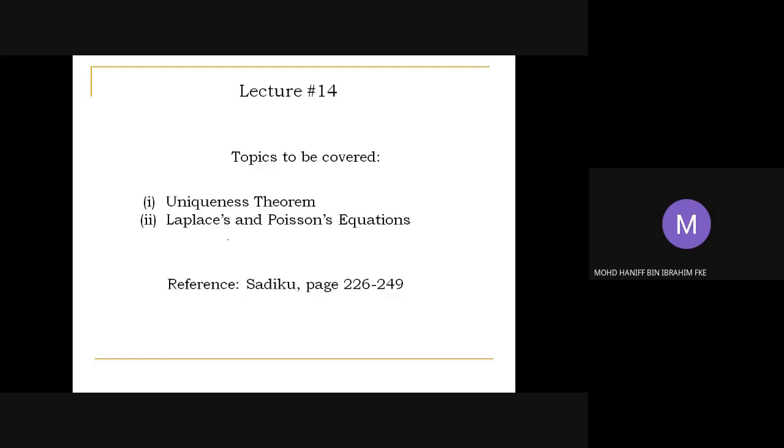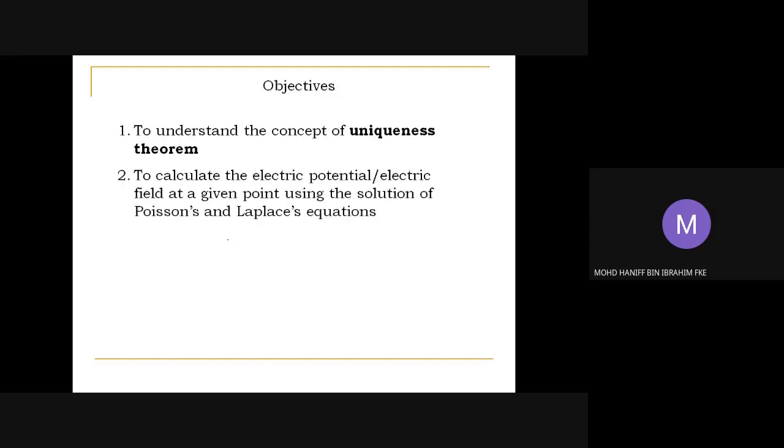So hopefully this information helps you in preparing for test 2, which will be held by the end of this month. Okay, so these are the objectives for lecture 14.